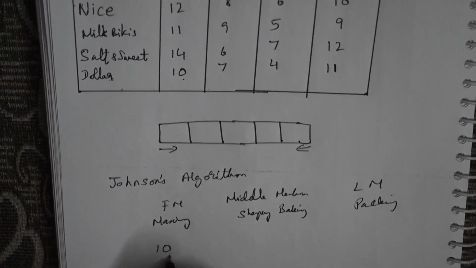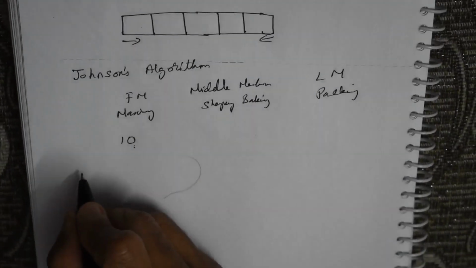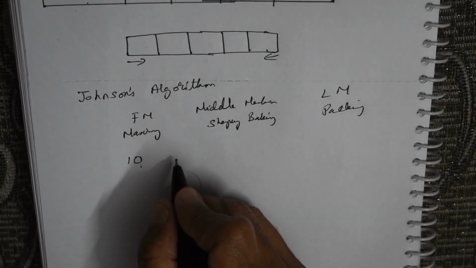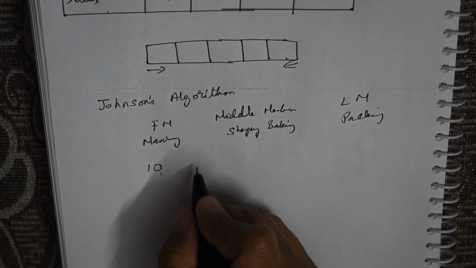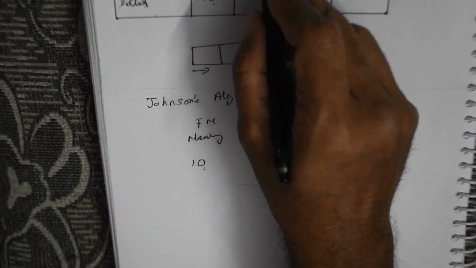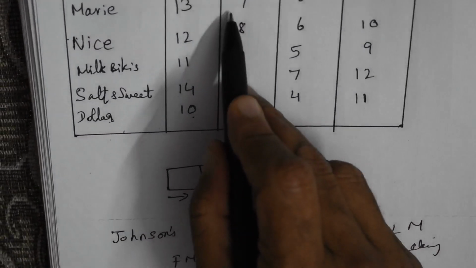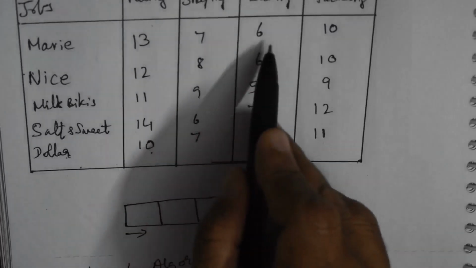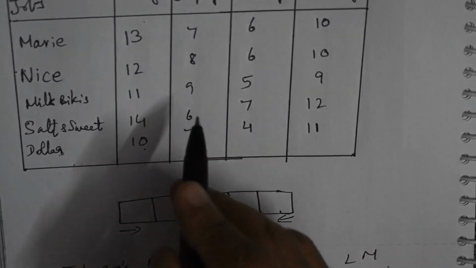The least time of the first machine should be greater than or equal to the highest time of the middle machines. The highest time of the middle machines, consider shaping as well as baking. The highest time among 7, 6, 8, 6, 9, 5, 6, 7, 7, 4 is 9.